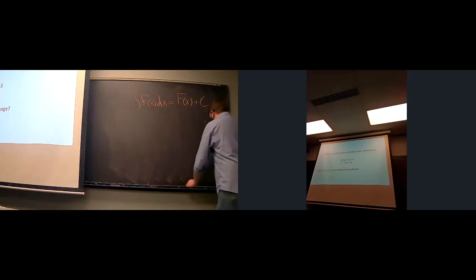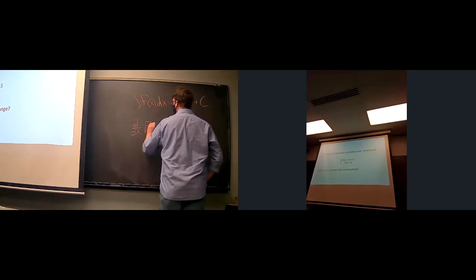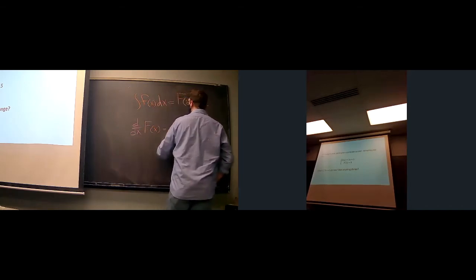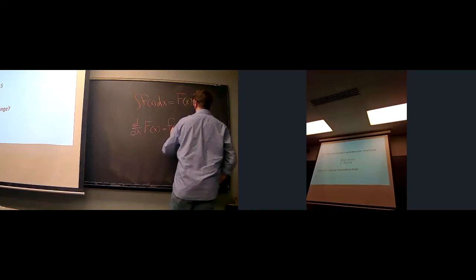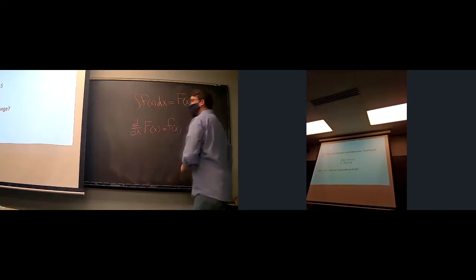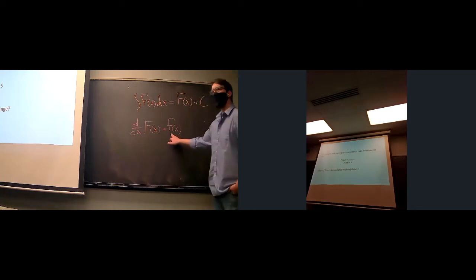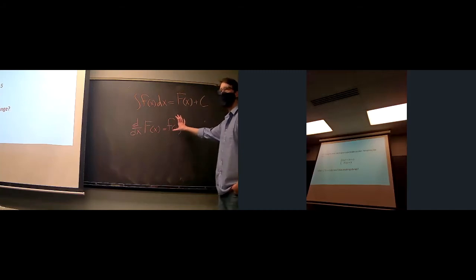Well, to answer that, let's think about what the derivative does and what it tells us. So we're saying that the derivative of capital F of x is going to have to be f of x, right? So what does this mean, this derivative? It just tells us what the slope is, right? It tells us nothing about the position, the location of our function. Agreed?